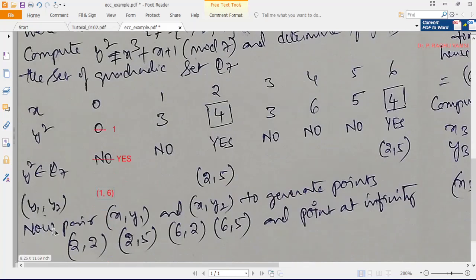Now pair x comma y1 and x comma y2 to generate points. So x is 0. What is y1 here? 1.